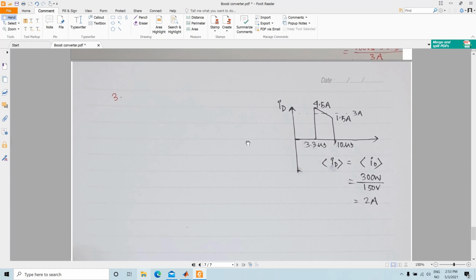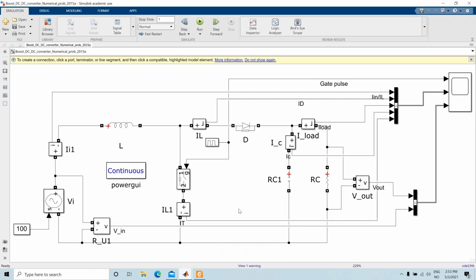So now if we try to simulate this circuit in Simulink, I built again a very simple circuit. I will give it to you. You can play with this circuit and see how much you can understand from it. This circuit is drawn again for the mathematical examples that we have just solved.